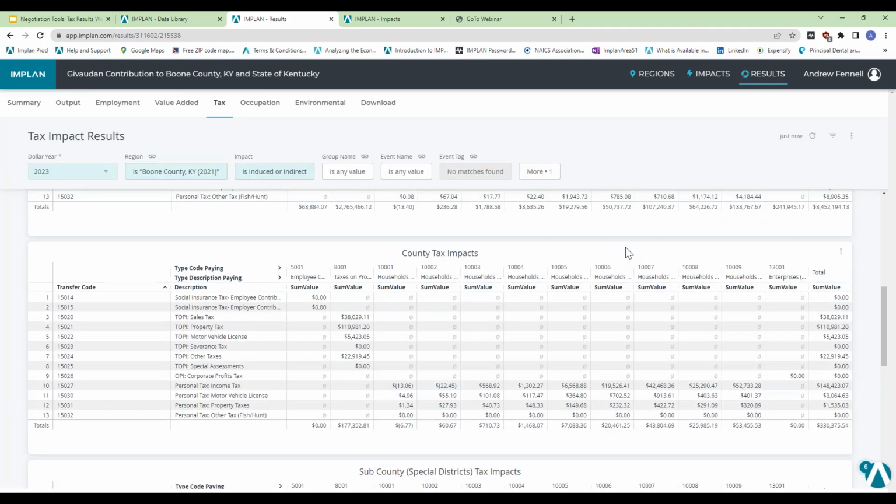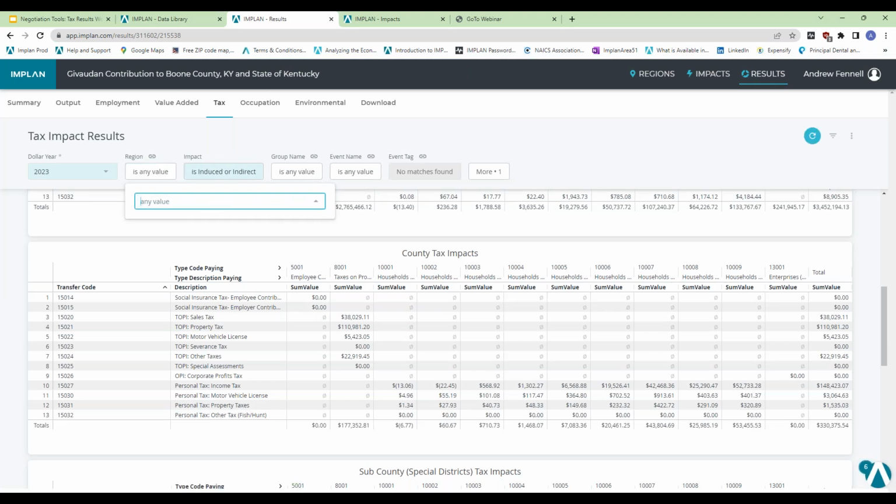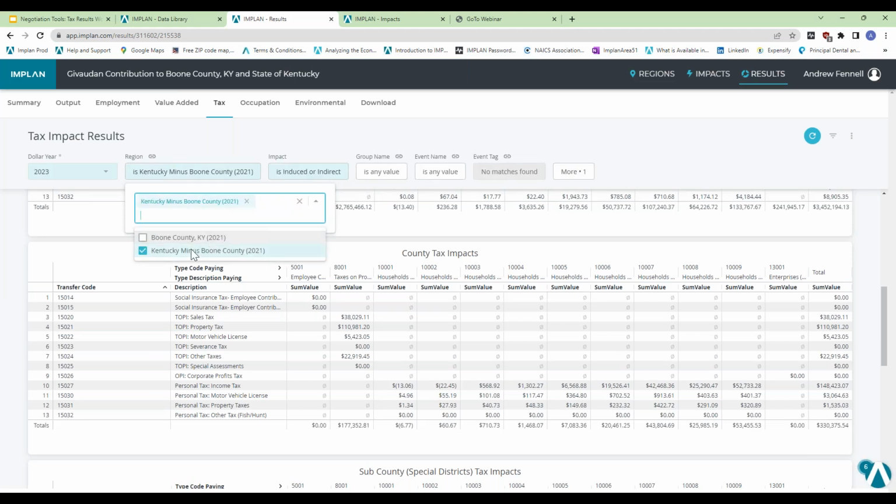Now, I've been focusing a lot on the county tax impacts, but sometimes if our business is large enough and has maybe a larger impact in the area, we may want to know what the impact is on the rest of the state of Kentucky. That's that second region that I put in there as part of this multi-regional input-output analysis that I've done.